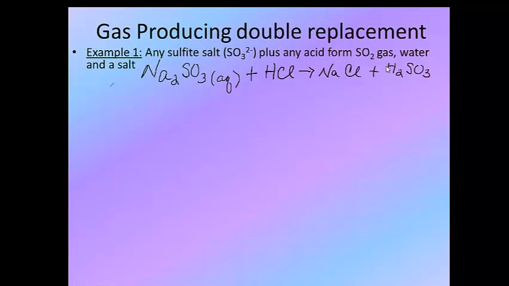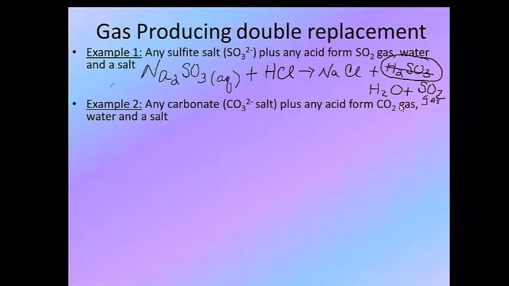But this breaks down a second time to form water and sulfur dioxide. So you have to recognize this in a metathesis reaction. A little voice inside your head has to say this breaks down again because it is unstable. It breaks down a second time into the water and the gas.